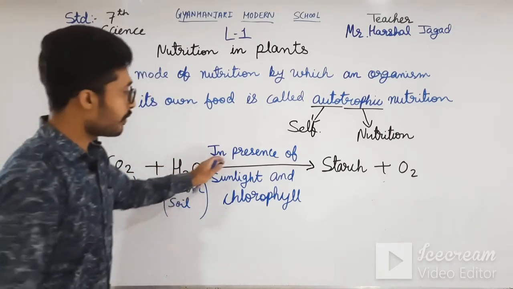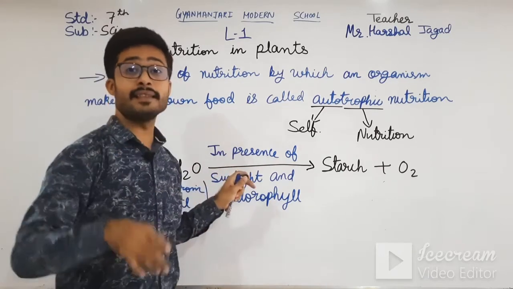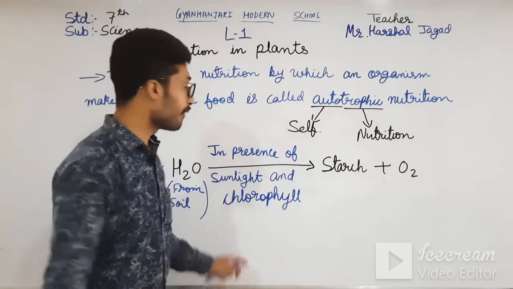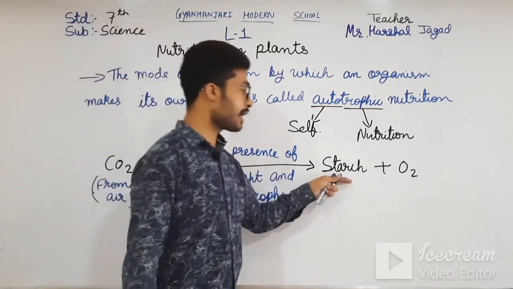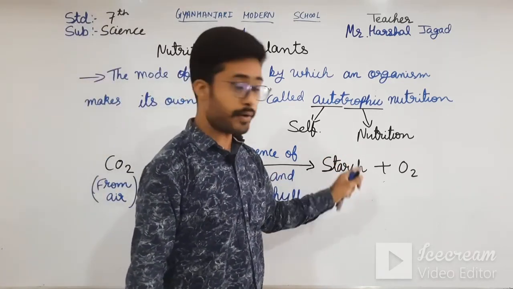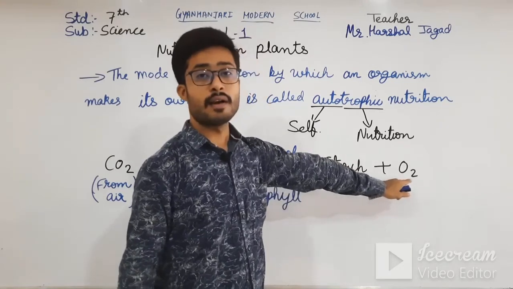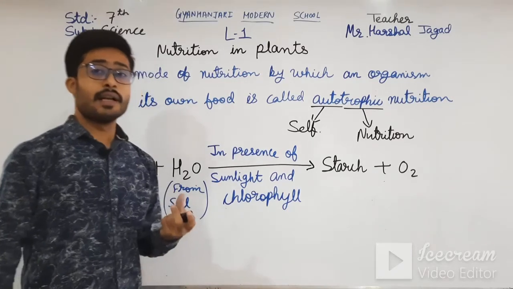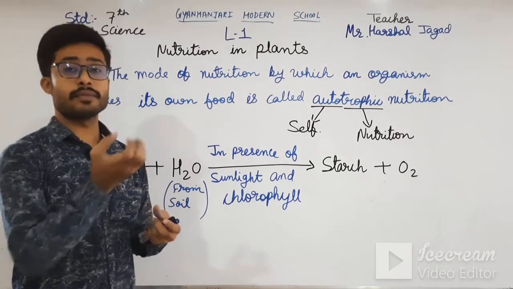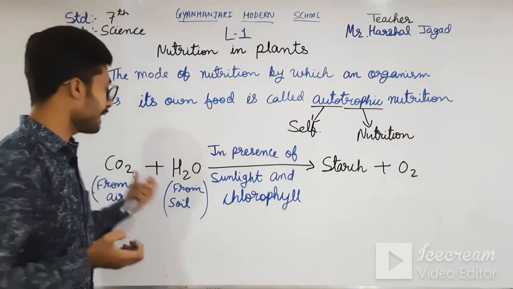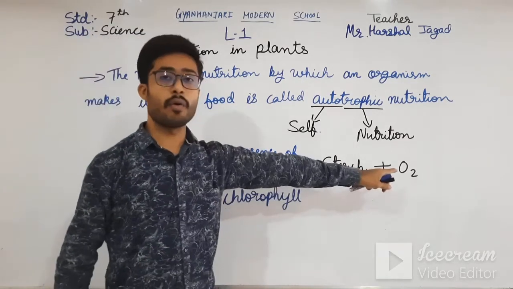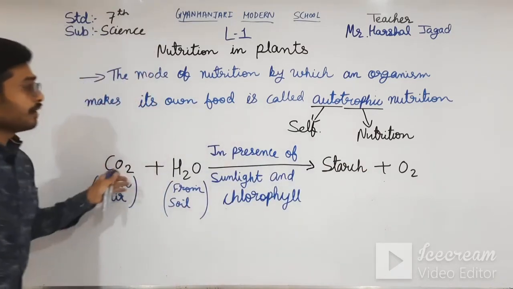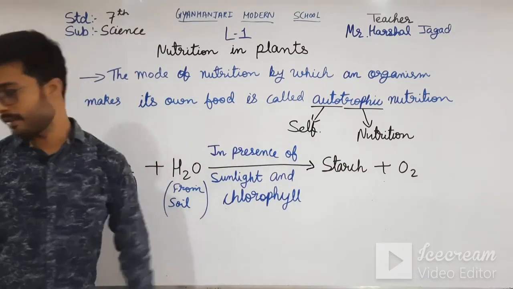CO2 plus H2O in presence of sunlight, meaning in the daytime, and chlorophyll, which is there in the leaves of the plants, produces starch, meaning carbohydrate, plus oxygen; it releases oxygen. We all know that plants in the daytime consume carbon dioxide from the air and release oxygen. Okay students, this is the photosynthesis process.